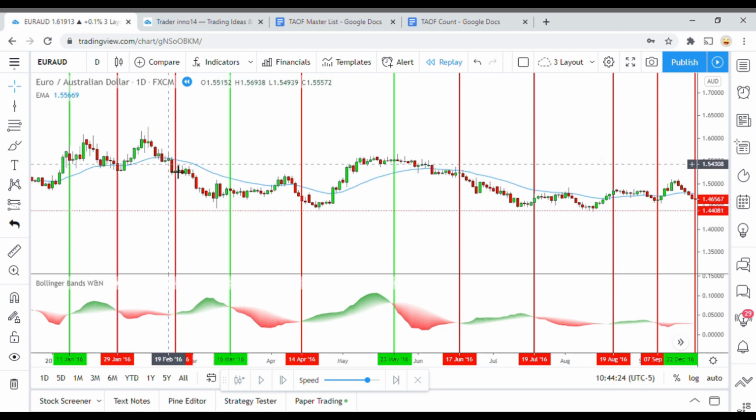And so the price action would have to be, say, below the EMA, looking for a signal to the downside, and then we wait for confirmation from the Bollinger Band wide and narrow to give us a green cloud that indicates that momentum is behind that move, and then we would take the trade accordingly.